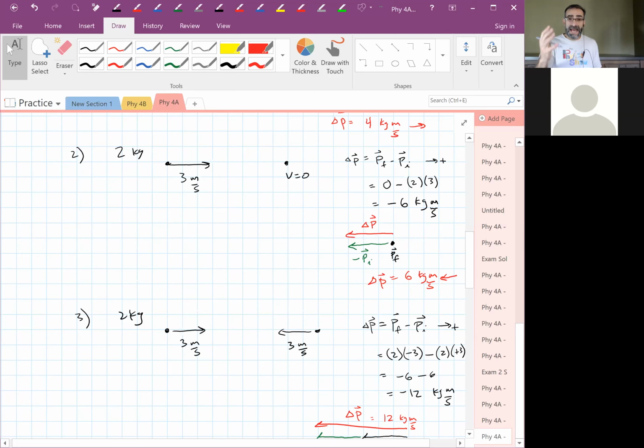A force acted on it and caused it to stop. In the next case, it's moving at 3 meters per second, and then it's moving at 3 meters per second in the opposite direction. A force acted on it and changed its motion, going from 3 meters per second this way to 3 meters per second that way. Which case was the force bigger? In case 2 or 3?